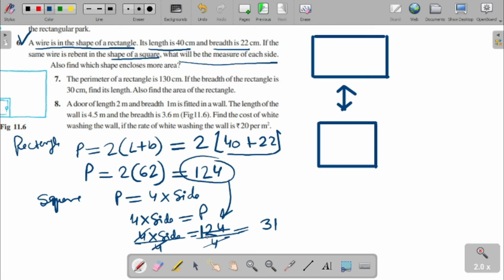Okay, which shape encloses more area? So what we will do after this step, we will find the area in both the cases. We have calculated the side of the square. In the second part, we will find the area of the rectangle.